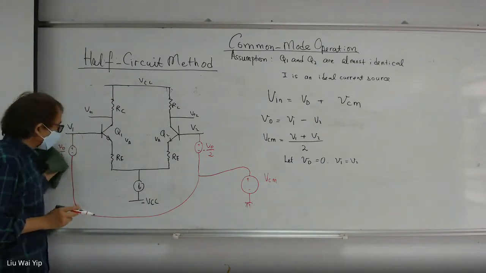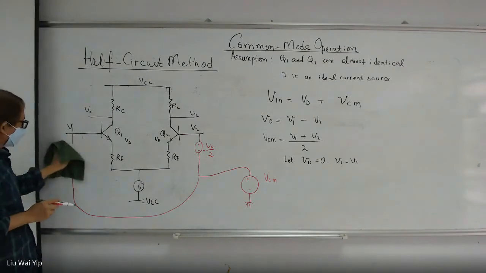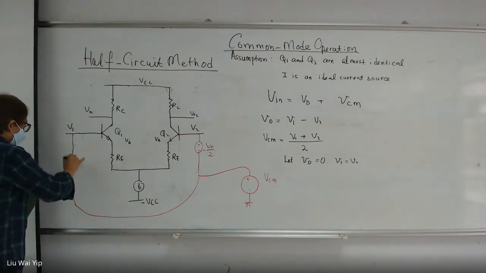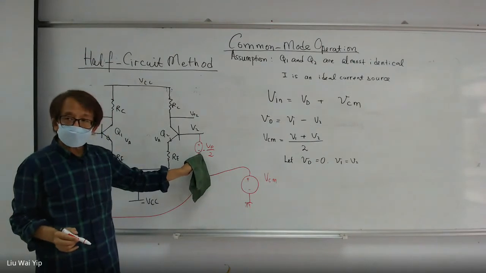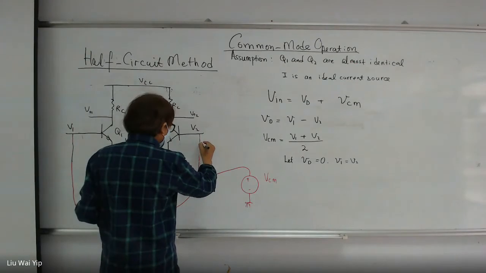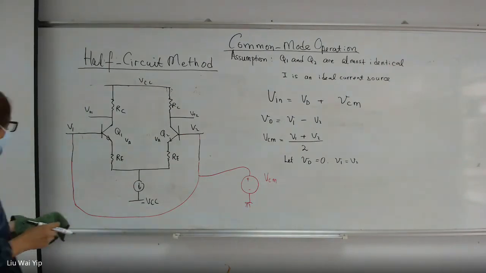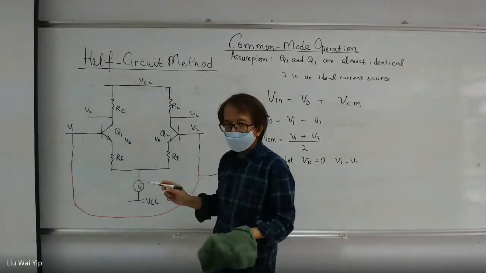Vd is 0, right? We have a voltage here, Vd divided by 2, so it's 0, no voltage at all. And we have minus Vd divided by 2, but Vd is 0. So this is the so-called common mode scenario. You are supplying one voltage to two branches.